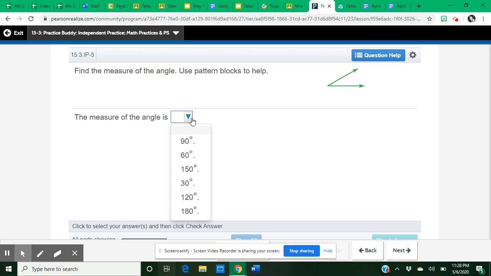Okay, so when I look at my options, I can see it's not 180, it's not 120, it could be 30, because that's less than 90, not 150, could be 60, or it could be 90. Okay, or we know it's not 90, sorry. So do we think it's 60 or 30 degrees?